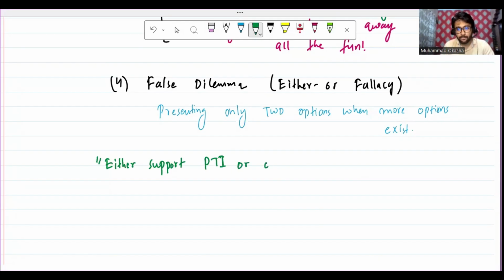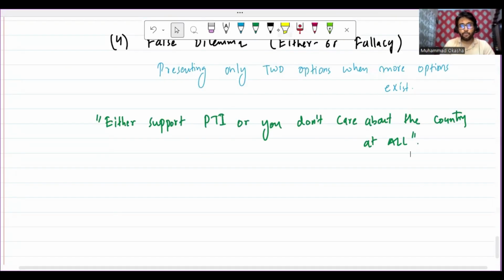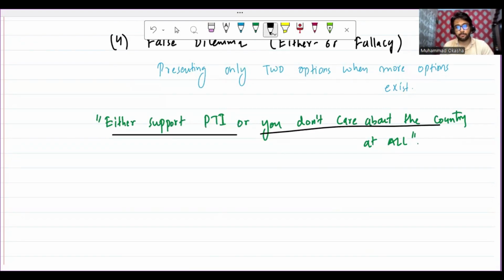Either support PTI or you don't care about the country at all, right? This is a false dilemma, right? You leave the person with only two options. One option is either support PTI, the other option is or you don't care about the country, right? Although there is a middle ground. You can be a non-supporter of PTI and you still care about the country, right?